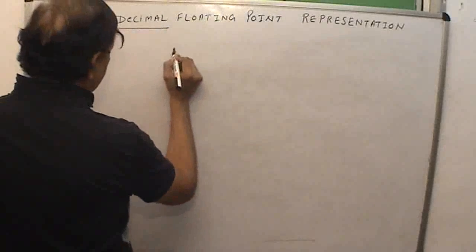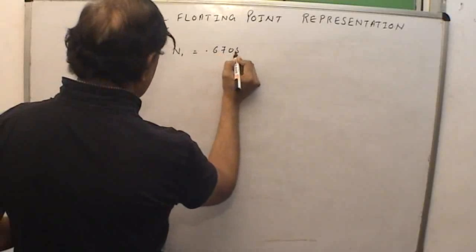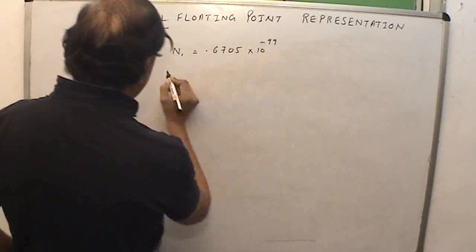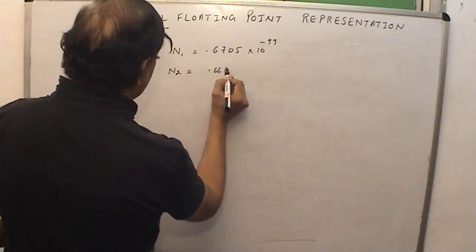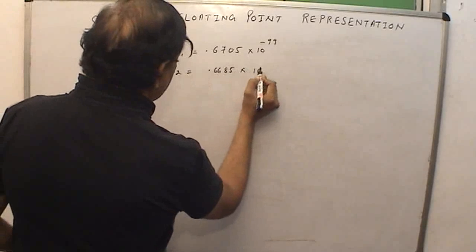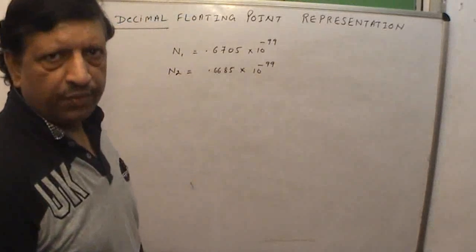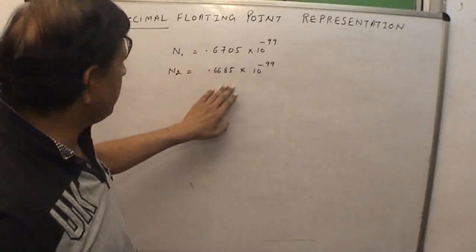Say n1 is equal to 0.6705 into 10 raised to the power minus 99, and n2 is equal to 0.6685 into 10 raised to the power minus 99. Here we have two figures in the 8 decimal floating point representation form.